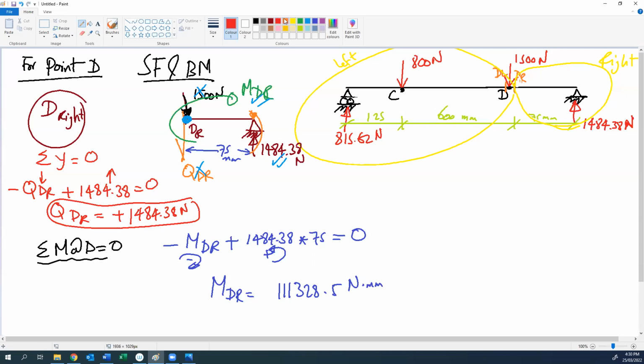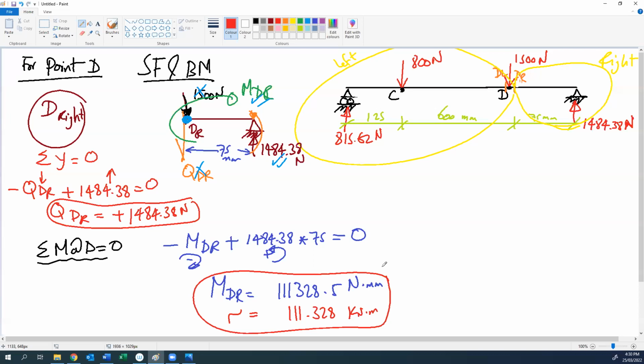To make it smaller, we'll divide by 1000, so it will be 111.328 kilonewton meter. So this is the moment at MD right.